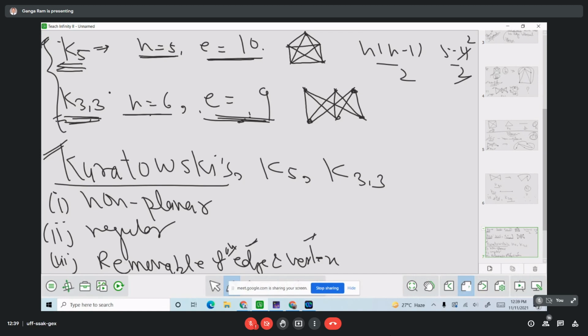The resulting graph may not be K4, but it will be a graph, and that graph will be a planar graph. And if we remove any one edge from this one and this one, the resulting graph will also be a planar graph. Okay, this is your work.